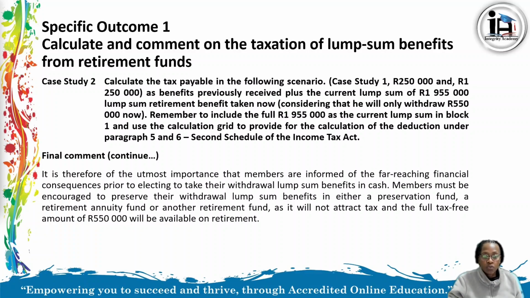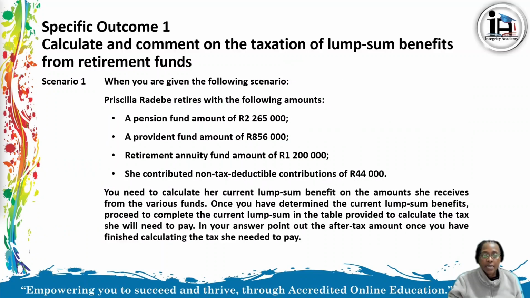Members must be encouraged to preserve their withdrawal lump sum benefits in either a preservation fund, a retirement annuity fund, or another retirement fund, as it will not attract tax, and the tax-free amount of 550,000 will be available on retirement. I believe so far everyone is clear, but should you have any queries, let us know.